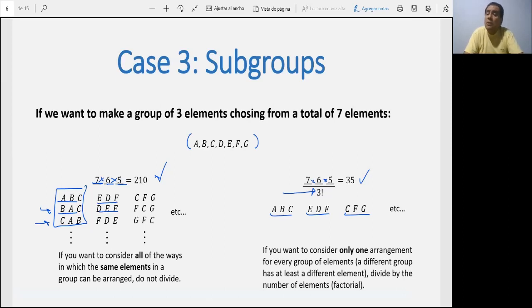So if you want to consider only one arrangement for every group of elements, you need to divide by the factorial of the number of elements in the subgroup.